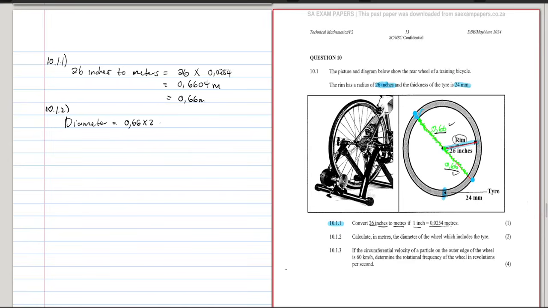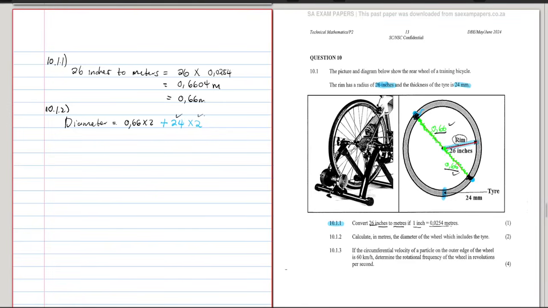Remember the thickness is 24, multiplied by 2 again, because we have 2 instances of the tire width that the diameter length passes through.